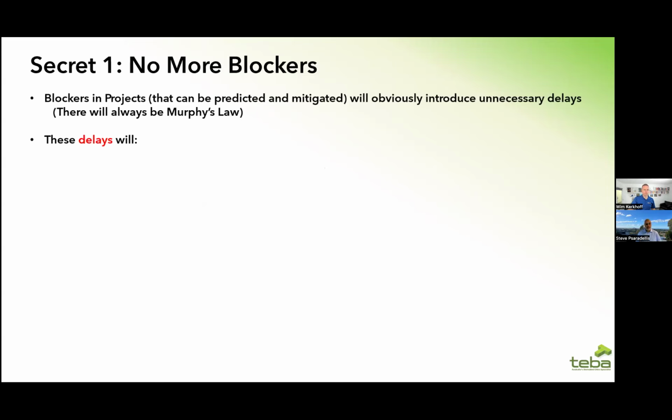So if we look at the root cause of blockers, then we can not eliminate them, but we can minimize them. But what do delays actually do to our projects? Well, they cause projects to stop-start. You go stop, restart, stop, restart. That is the definition of multitasking at a project level. They introduce multitasking.